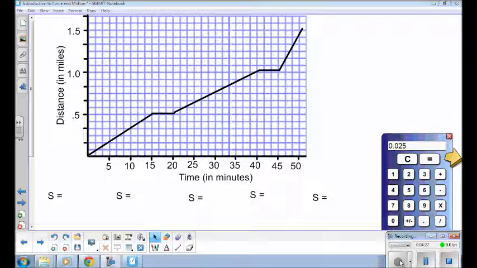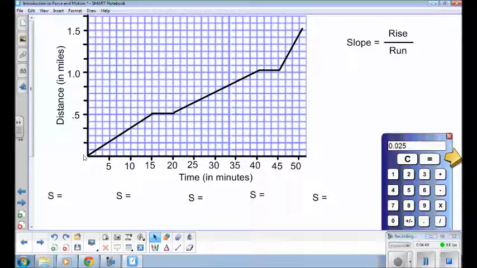So here we have the exact same graph on the previous page. And when you did your wacky race course in integrated math, one of the things that you learned was this formula right here. Slope is equal to rise over run. When we look at our graph, rise is equivalent to the y-axis, which in this graph is distance.